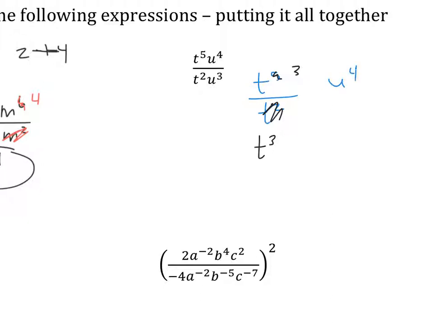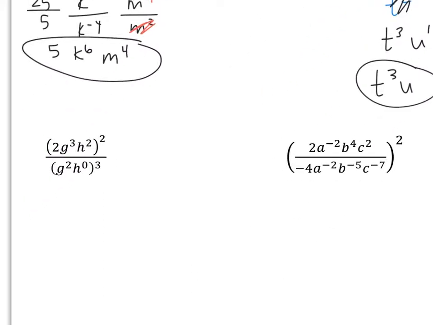U to the fourth over u to the third. If I take away 3 u's on the bottom, I'm left with 1 on top, so u to the first. And if I wanted to write my final answer without that u to the first, I can just put u, and that's actually the proper way to write it. You don't necessarily need to write in the 1 for the exponent there. And that would be the simplified answer.